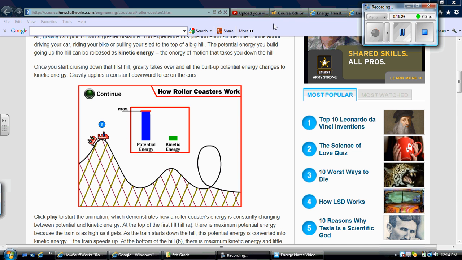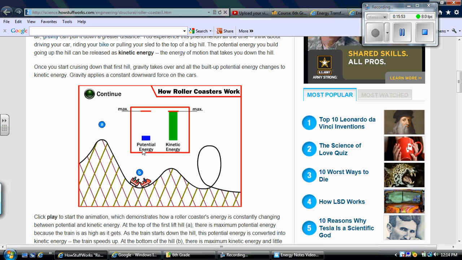For example, if we look at this roller coaster, here's the total amount of potential energy that this car has right now. Well, it's going to get converted into kinetic when it goes down the hill. Not all of this potential energy will get converted 100% into kinetic. So take a look. If you notice, there's still some potential energy over here. So not all of that potential energy got converted into kinetic.